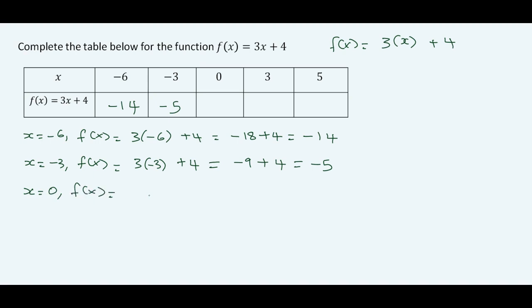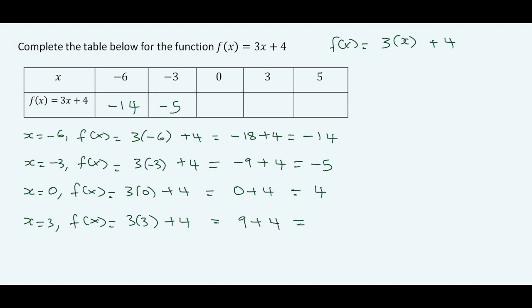F of x is going to be 3 multiplied by 0 plus 4, which is 0 plus 4. That should give us 4. X equal to 3. F of x is 3 multiplied by 3 plus 4, which is going to give us 9 plus 4, and this is 13.